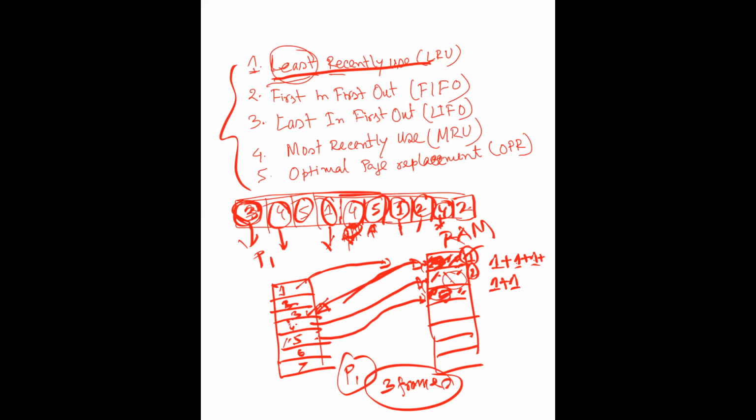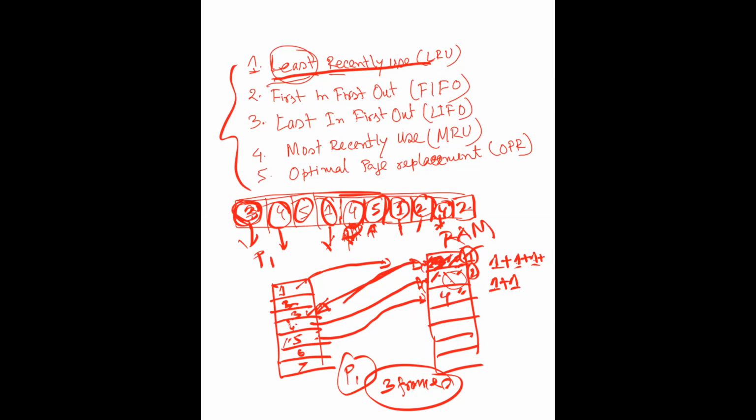Okay, 2 is available, but 4 is not available. So it will replace page 5, which is the least recently accessed by the CPU. So here it is 4.